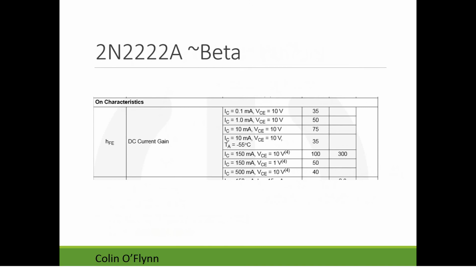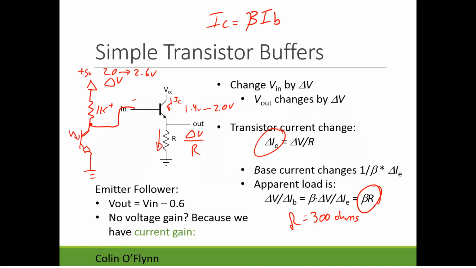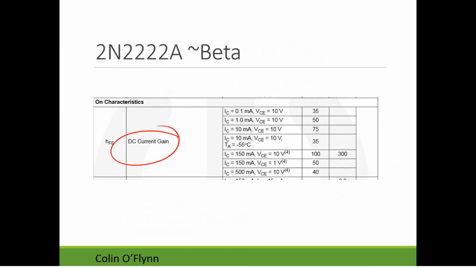As an example, in your kit, you have this 2N2222A transistor, and it gives you this DC current gain figure. It's important to realize these current gains are not constant at all. You don't want to design a transistor circuit that says my circuit only works if beta is 75. It varies with everything: the transistor you have, as well as temperature and current through it.